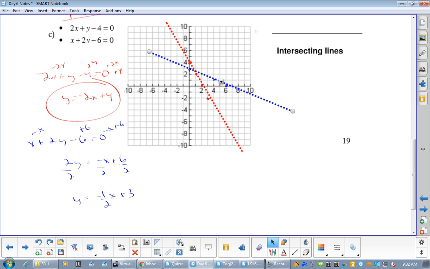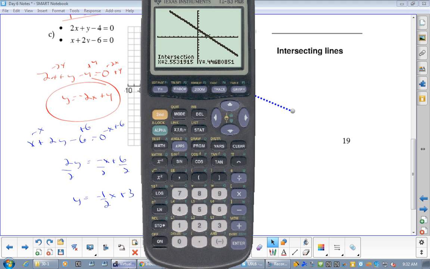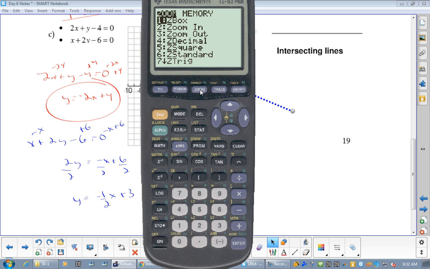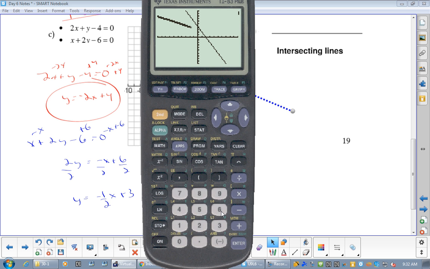Okay. So I don't even know if this is going to be a nice one. That's where this baby comes in handy. Negative 2x plus 4, negative 1/2 x plus 3, zoom 6. Second, calc 5, enter, enter, enter.